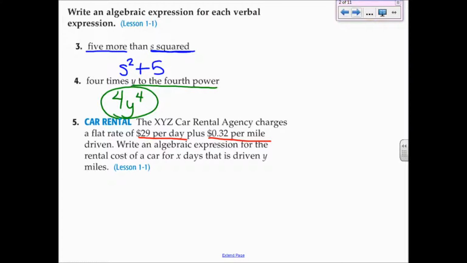So for 2 days it would be 58, and then for 3 I'd have 3 times 29. So what I'm basically doing is multiplying 29 by the number of days, and they say we go x days. So 29 times the number of days x, and then on top of that they're going to add the number of miles times y.